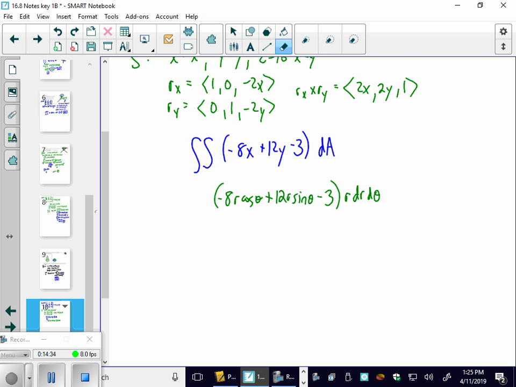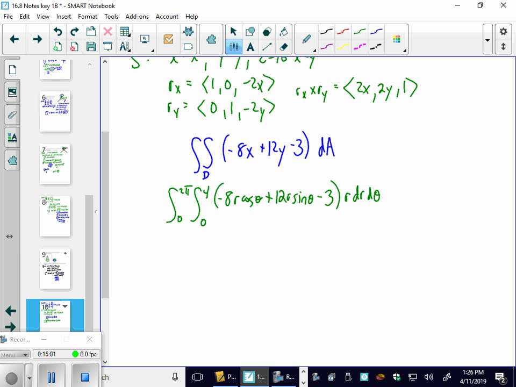Let me erase that d, it's a little big. So in our double integral, I've got r on the inside. r in this case is going to vary from 0 to 4, because I believe 16 was the outside of the circular base. And then of course 0 to 2 pi.